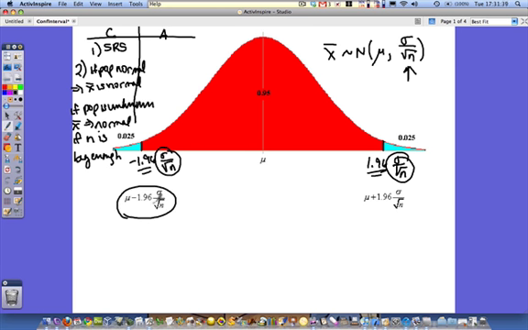Take mu, subtract almost 2 standard deviations, take mu and add almost 2 standard deviations. Okay, pretty easy, right? You know the X bars you get will fall in the red region 95% of the time. 2.5% of the time they'll fall out here. The other 2.5% of the time they'll fall out on the other side, on the other blue region.